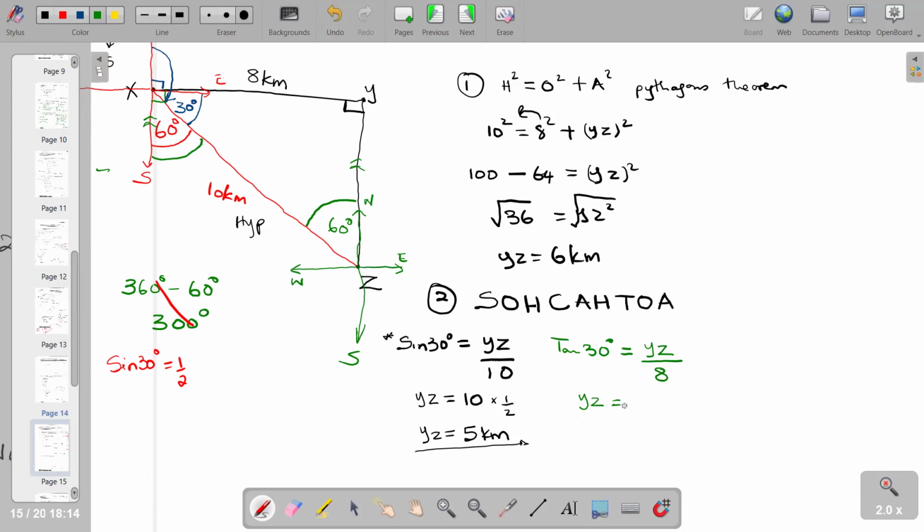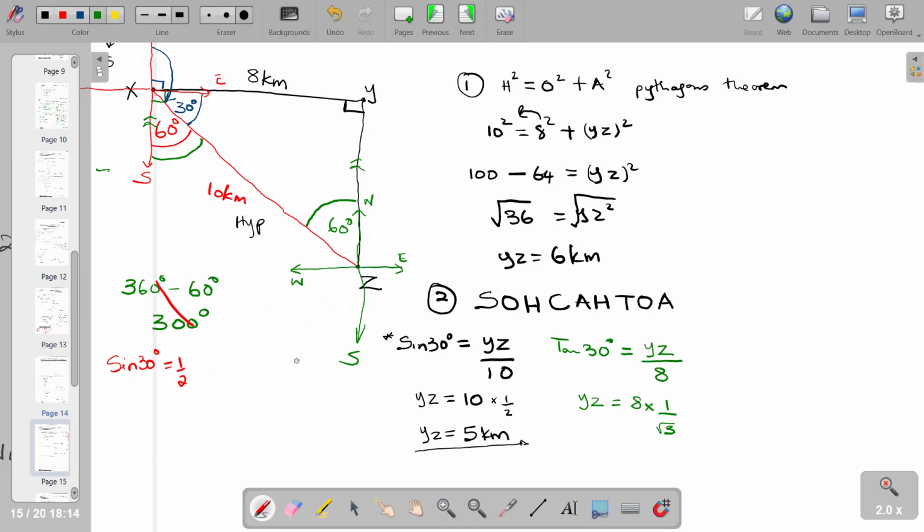Tan 30 is root 3 over 3. So it means it was going to be 8 multiplied by root 3 over 3, or 1 over root 3. How do we get that?